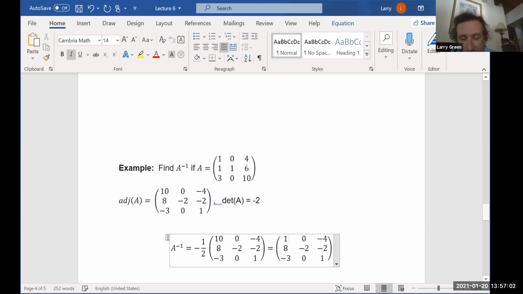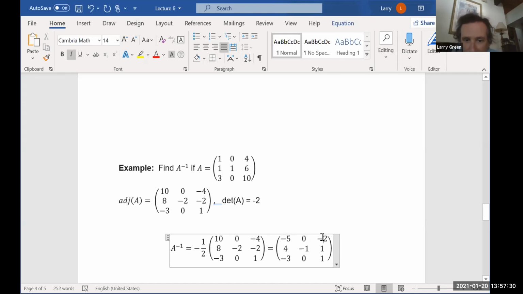So the 10 becomes a 5, the 0 stays a 0, -4 becomes -2, 8 becomes a 4, -2 becomes a 1, the other -2 also becomes a 1. I forgot to change signs too. We're doing negative 1/2.